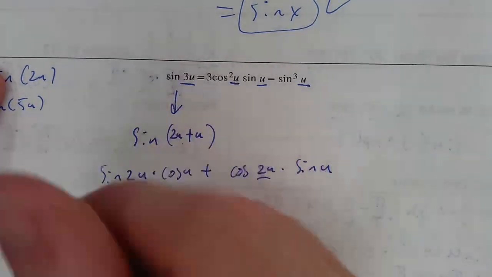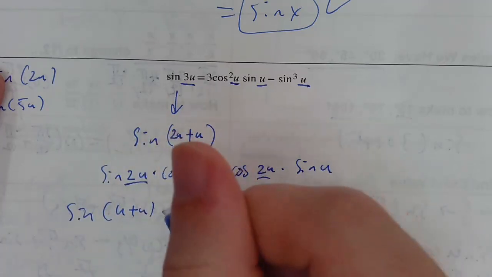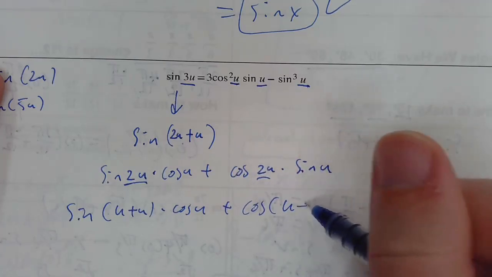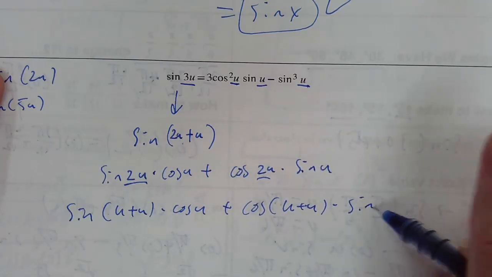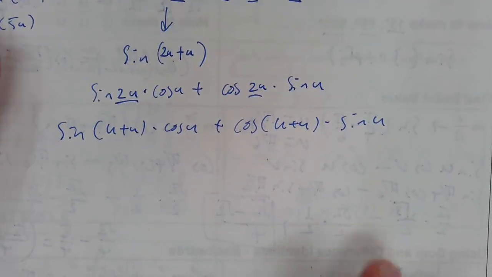So we're going to rewrite those as sine of u plus u times cosine u, plus cosine of u plus u times sine u, and then we're going to expand those out again.